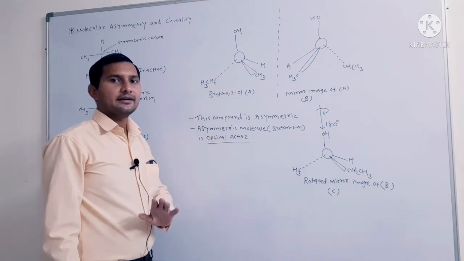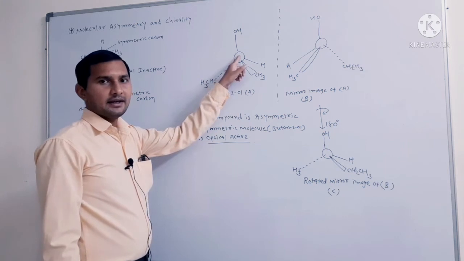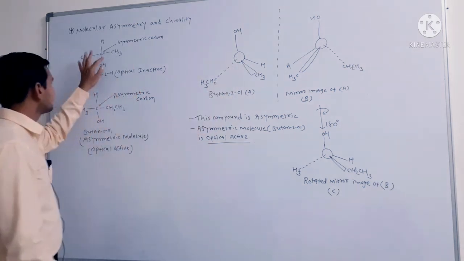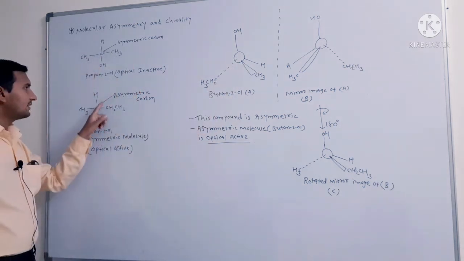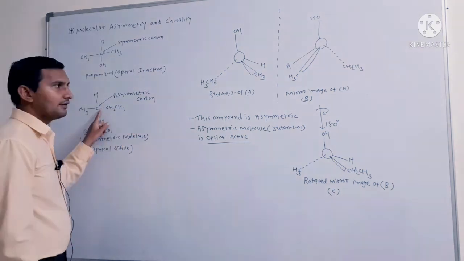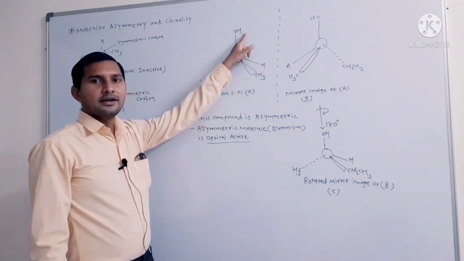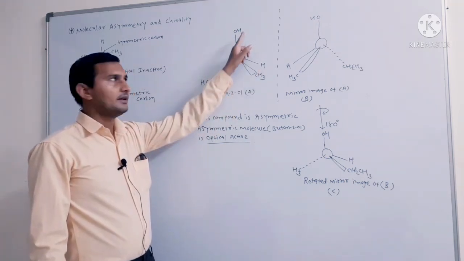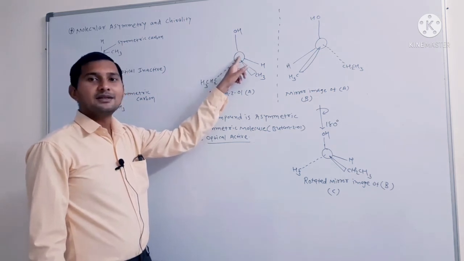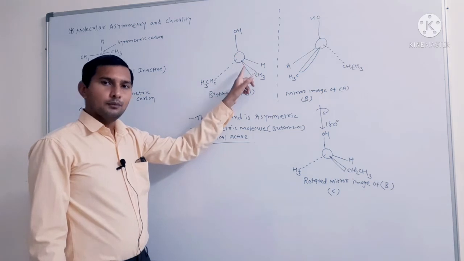Indirectly, we can say that if the carbon is asymmetric, as in butan-2-ol, it is an asymmetric carbon. Asymmetric carbon means a carbon which has different groups or atoms, and then the entire molecule is an asymmetric molecule.